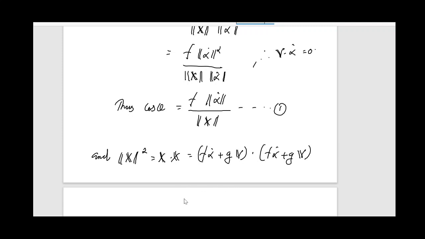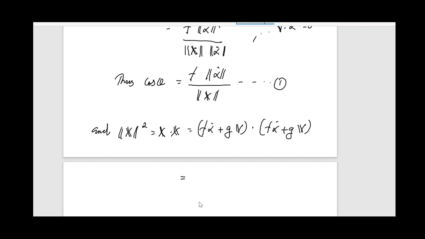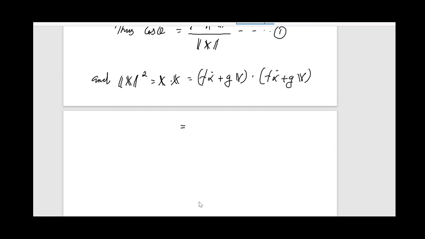Now this will simplify to f square into norm of alpha dot square plus g square into norm of v square.